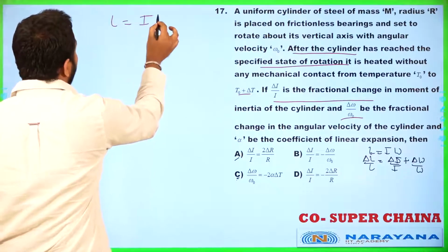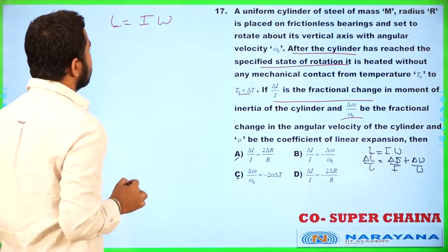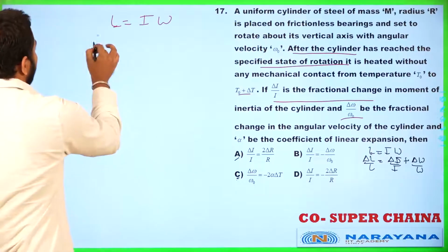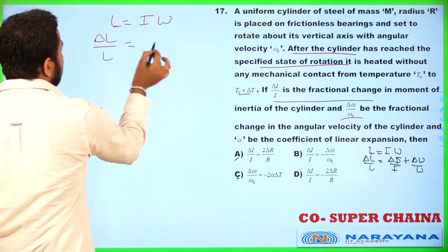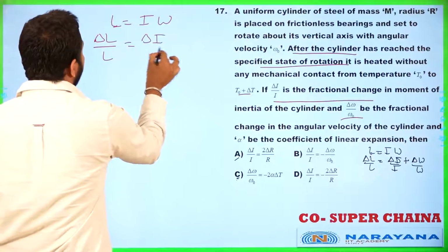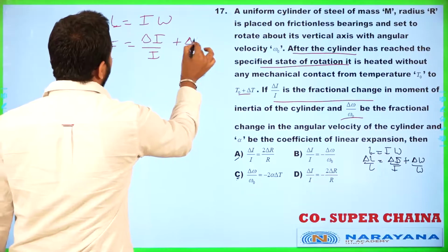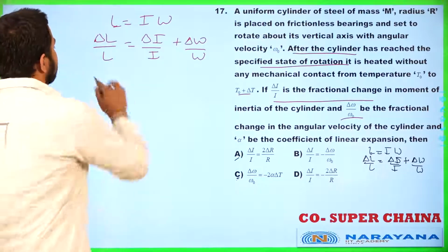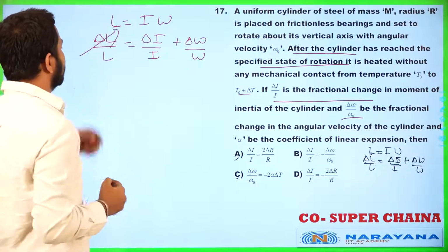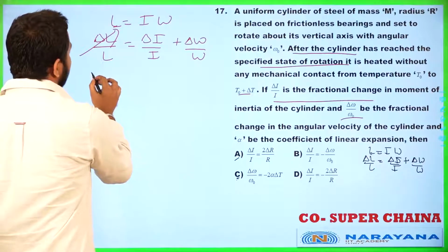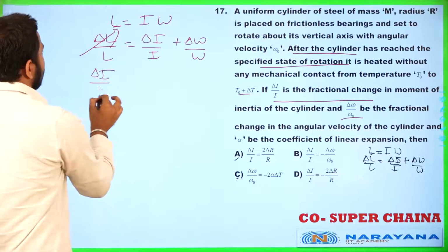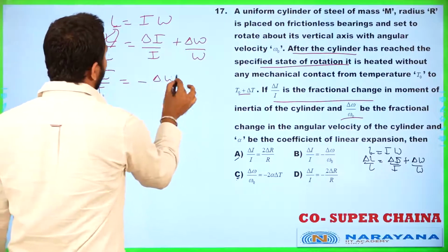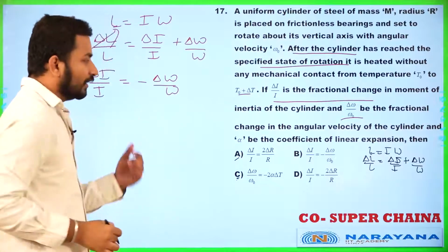So L equals angular momentum equals I omega. If I calculate delta L by L, it will equal delta I by I plus delta omega by omega. Now angular momentum is conserved here, so delta L by L will be 0. So I can write delta I by I equals minus delta omega by omega, right?